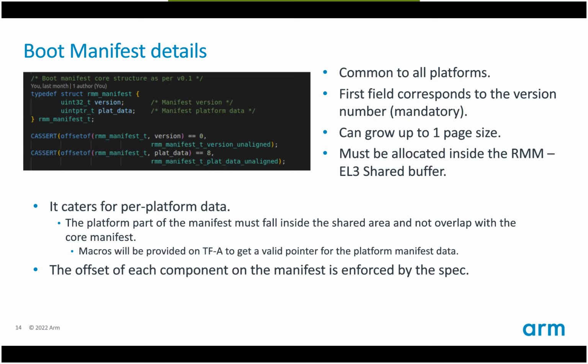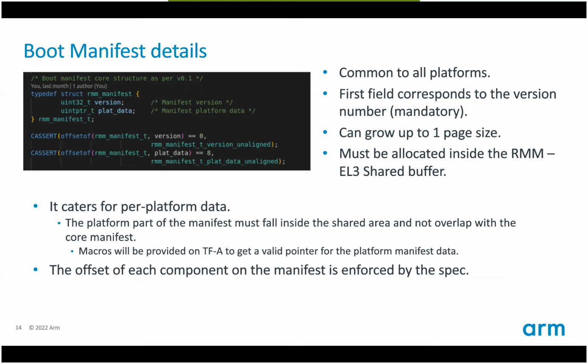This boot manifest is stored inside the allocated RMM-EL3 shared buffer, and because the current implementation only allocates one page of memory, the boot manifest cannot grow larger than one page of memory. So that's going to be a problem for large scale systems, right? Well, it can be a problem for a large scale system, yes.